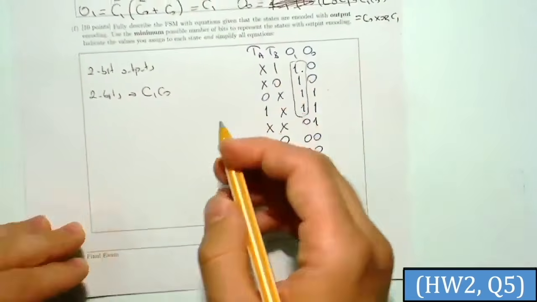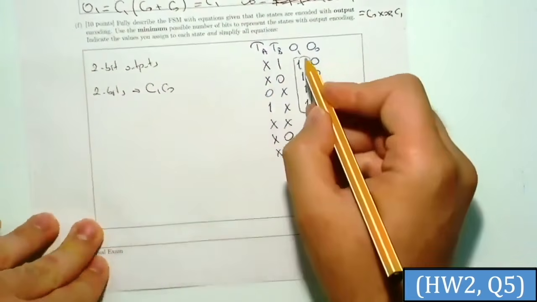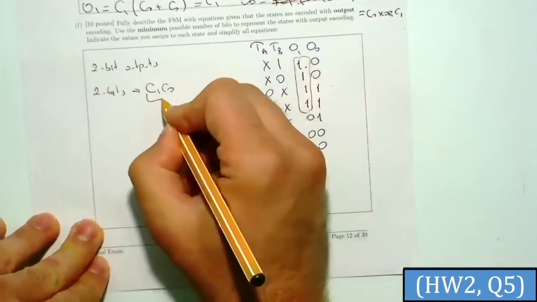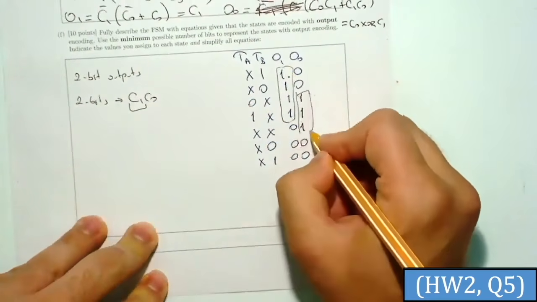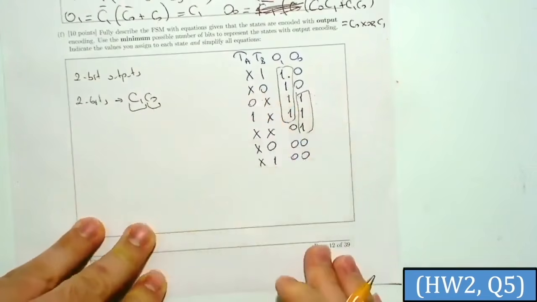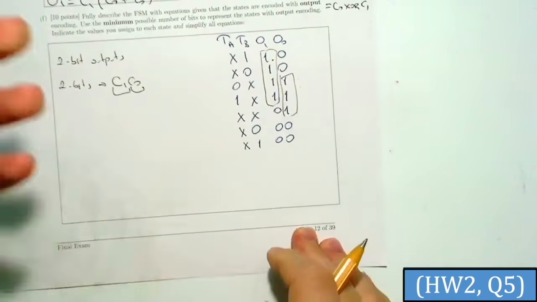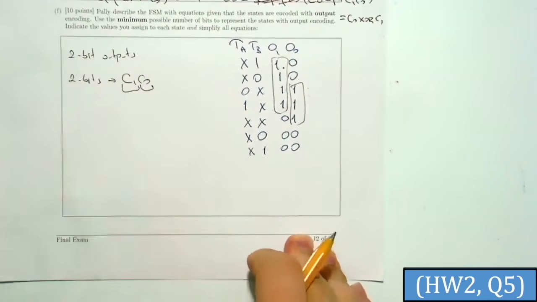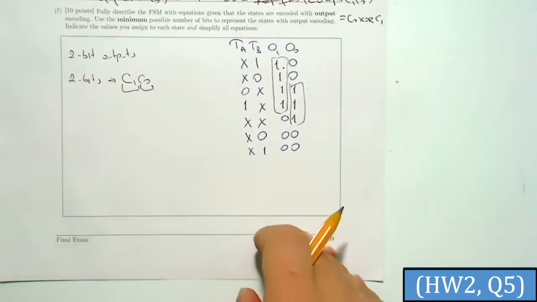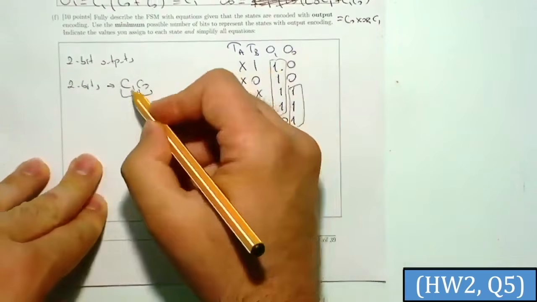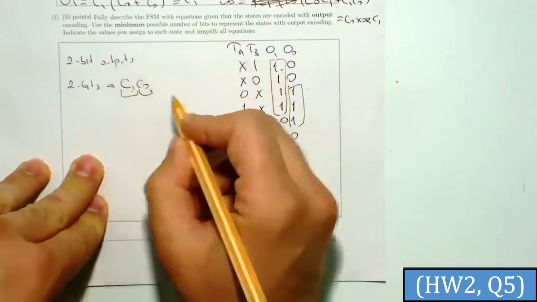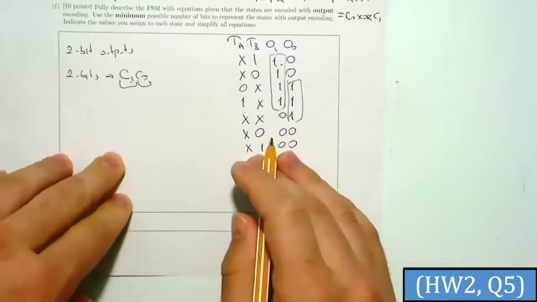Let's ensure that, for example, the output 1 is only determined by C1, and the output 0 is only determined by C0. So how can I write the encoding so that output 1 is only determined by C1 and output 0 only by C0?